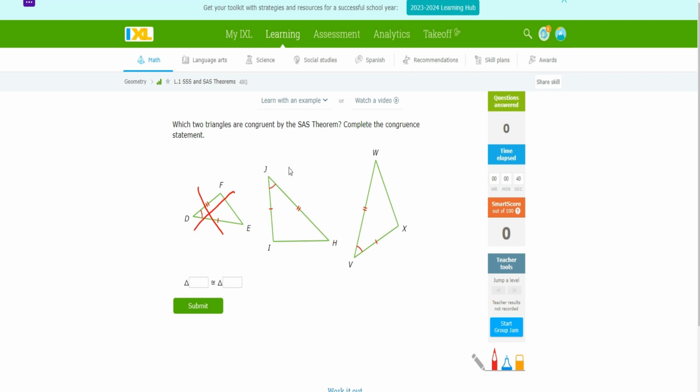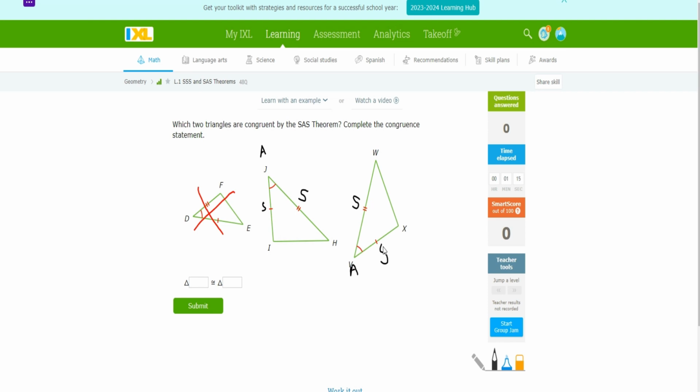These two triangles are congruent because this segment corresponds with this segment, this side corresponds with that side, and this angle corresponds with this angle. So these two triangles are congruent by side, angle, side.